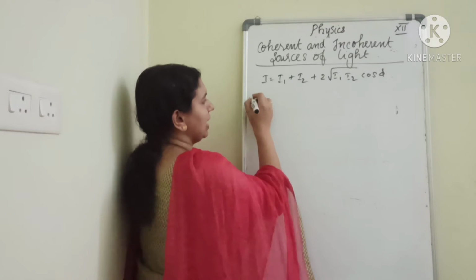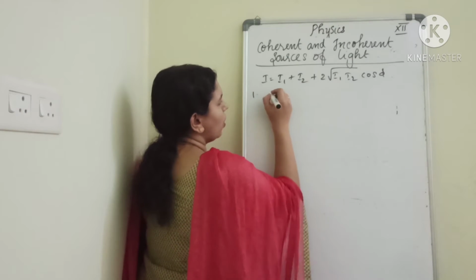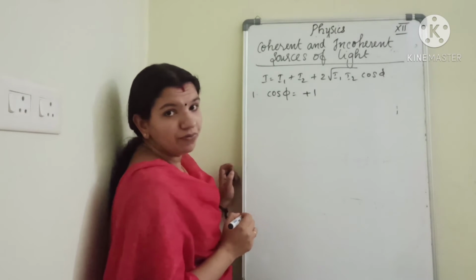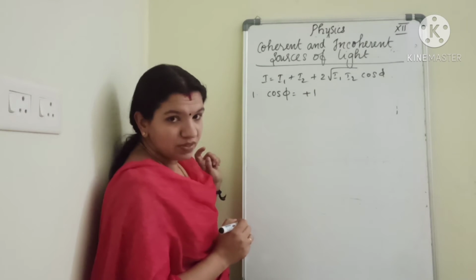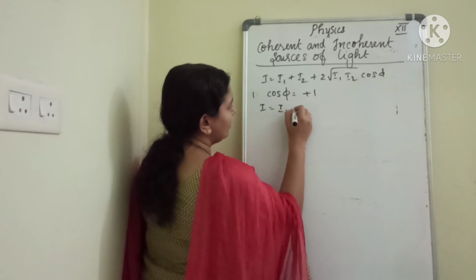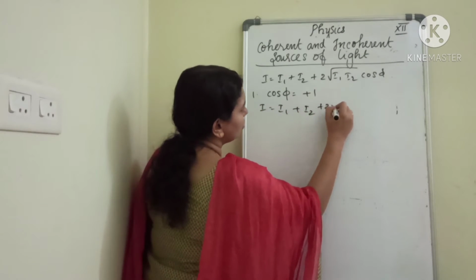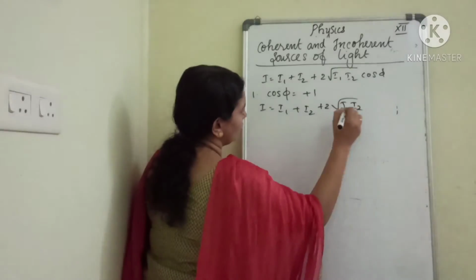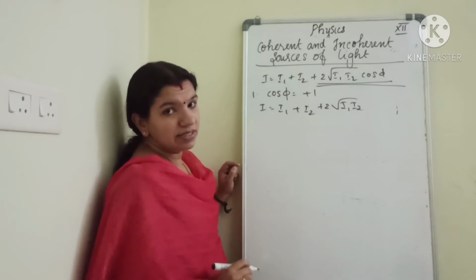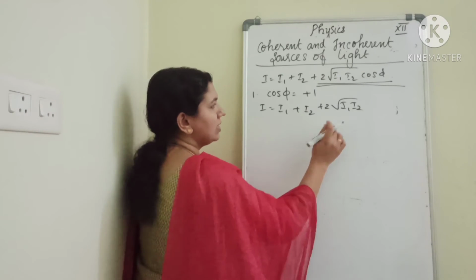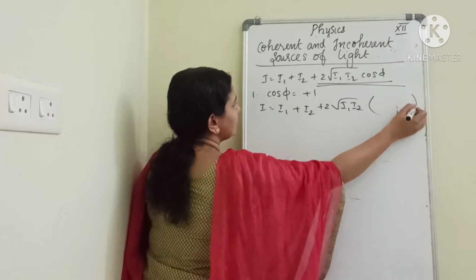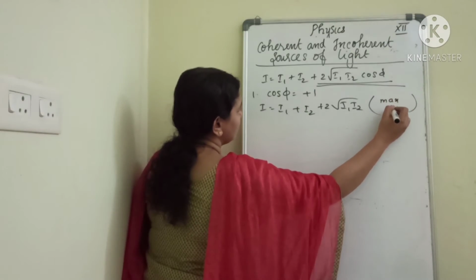In the first case, if the value of cos phi is plus 1, you will get the expression I equals I1 plus I2 plus 2 root I1 I2. So this term 2 root I1 I2 cos phi is the interference term. Now listen, depending upon the value of cos phi, the first expression we call that of maximum intensity, isn't it?